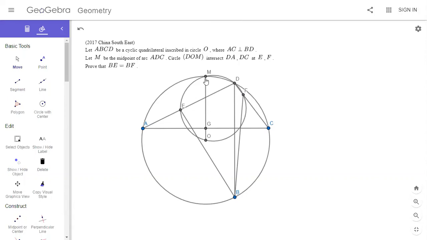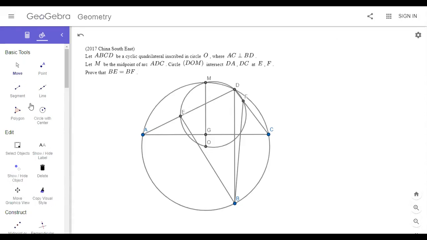Maybe we could use angle side angle. I think using angle side angle, we can show those are congruent, because MA is equal to MC. So I think angle side angle shows MEA and MFC are congruent, and so ME is equal to MF.